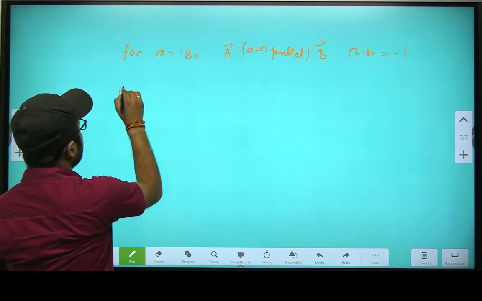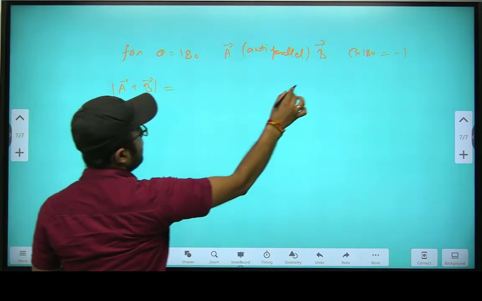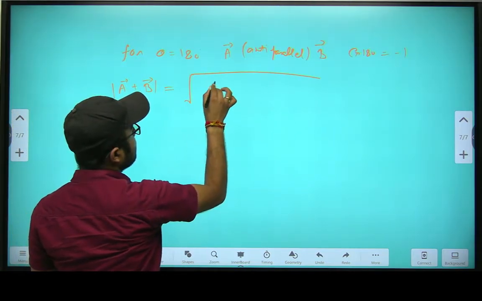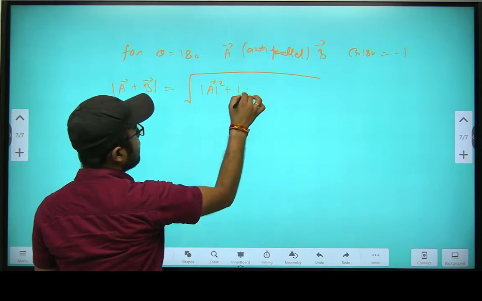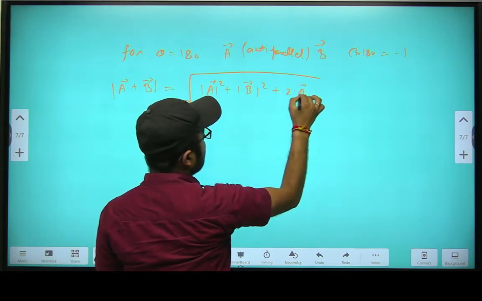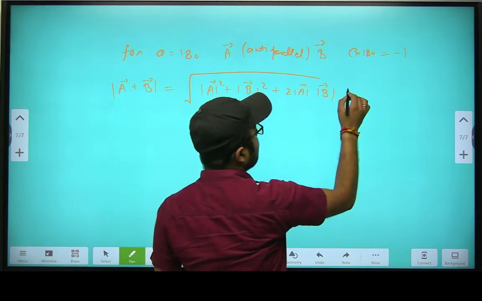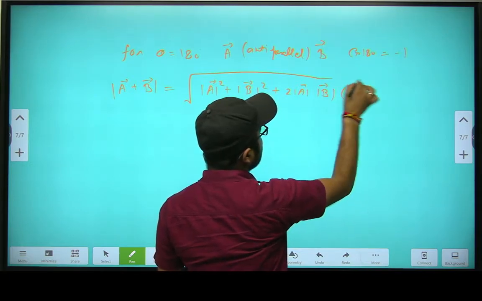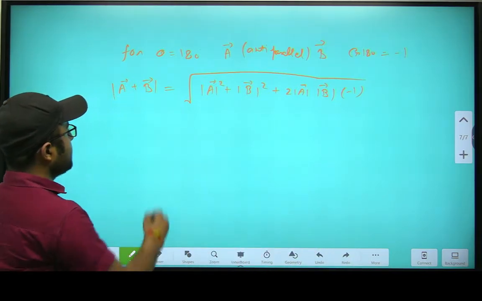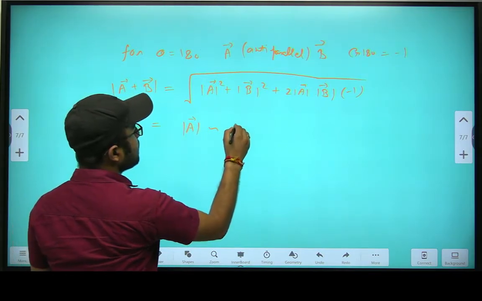So we can write that the magnitude of vector A plus B is root over mod A square plus mod B square plus 2 mod A mod B into cos theta, which is -1. So this can be written as mod A minus mod B.